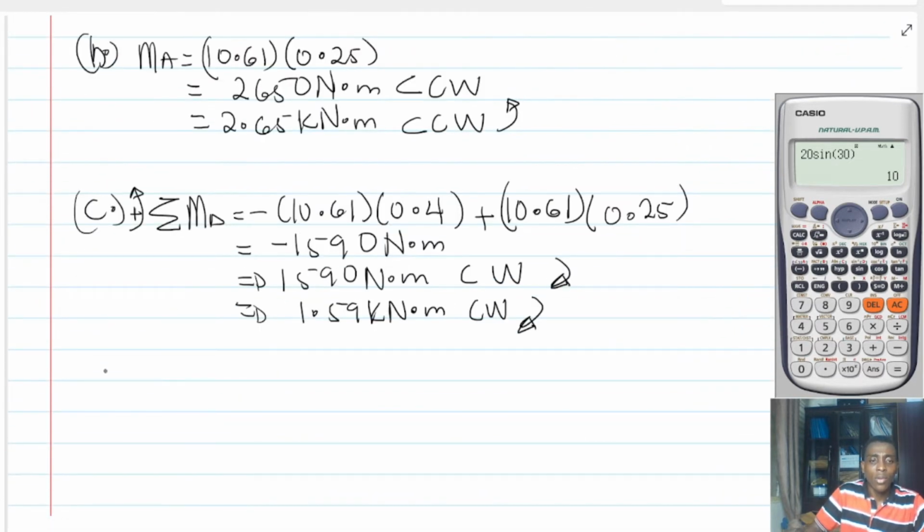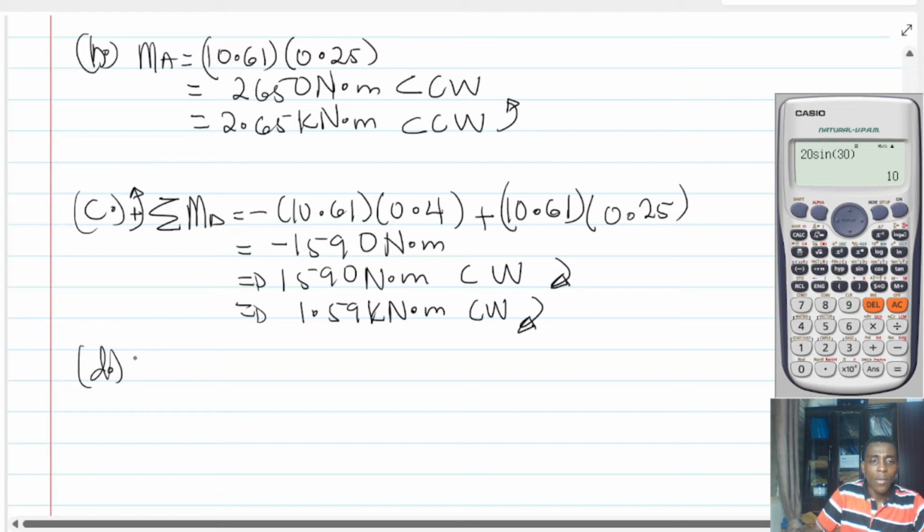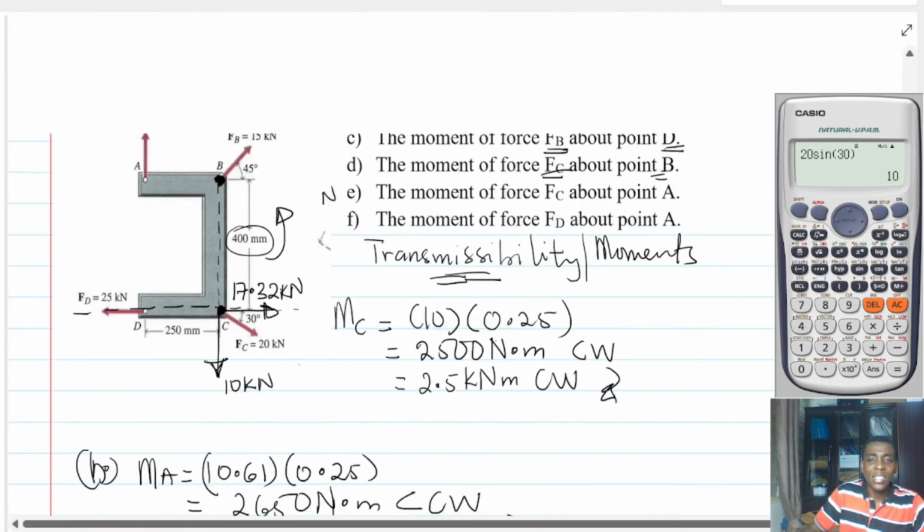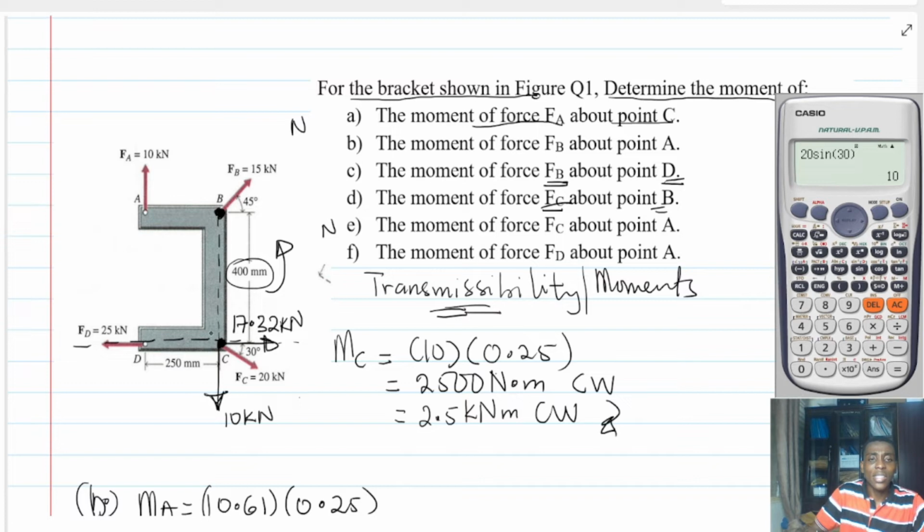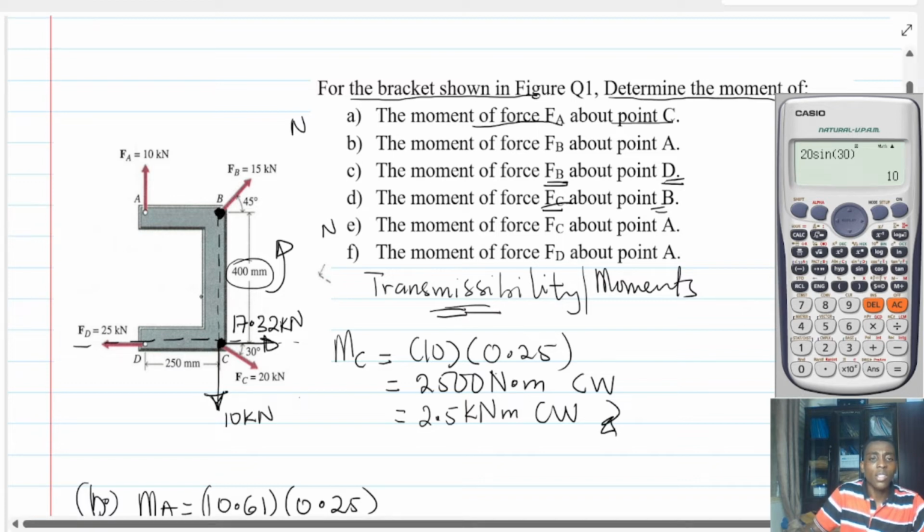Therefore, when we are looking at the summation of moment about point B, counterclockwise is positive, it's going to be 17.32 multiplied by 0.4. Now, what we are saying is that the vertical component does not contribute to any moment about point B. However, the horizontal component contributes to some moment.